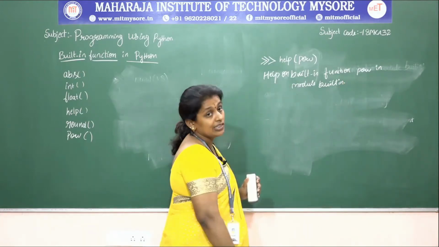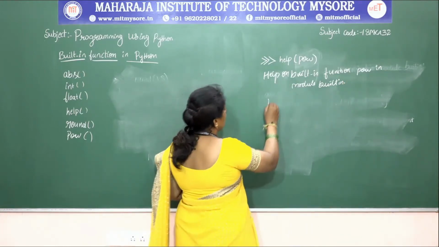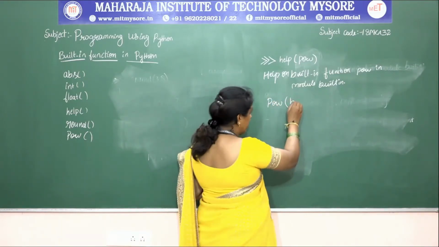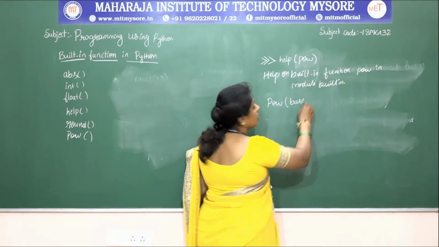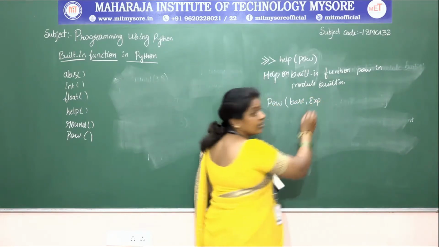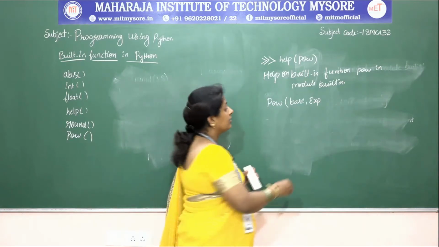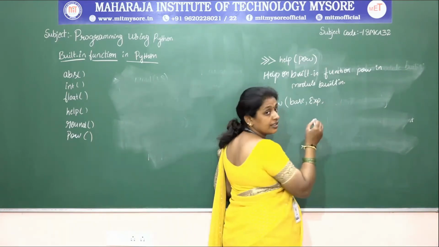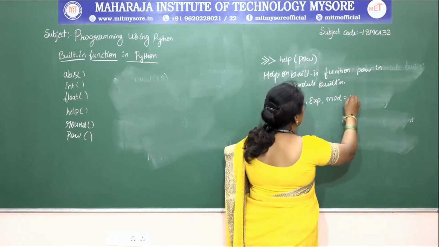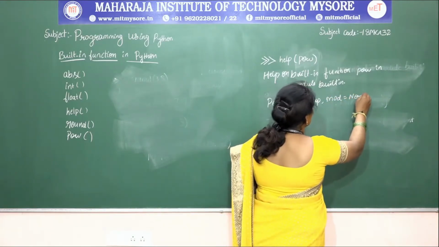Then how to call this function: pow, then base, then exp, meaning base to the power of exp, then we have mod, whose value will be None.